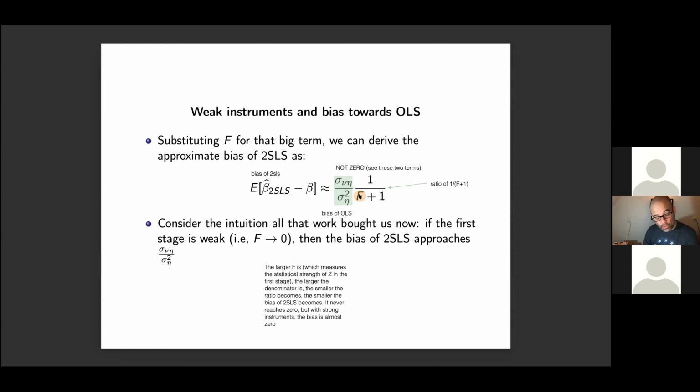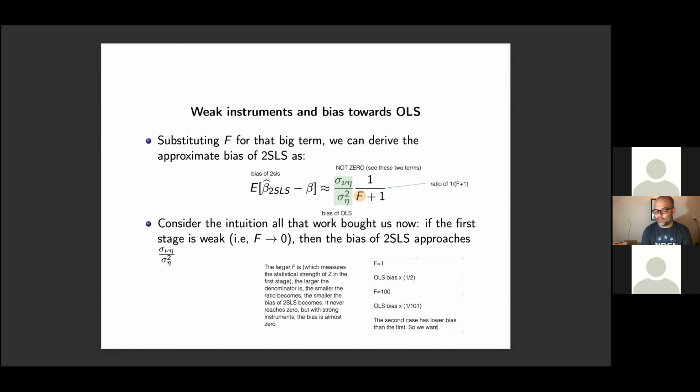Let's just use an example here. Let's say that F equaled 1. Okay, so that would be OLS bias times 1 over 2. Let's say F equaled 100. OLS bias times 1 over 101. The second case has lower bias than the first.